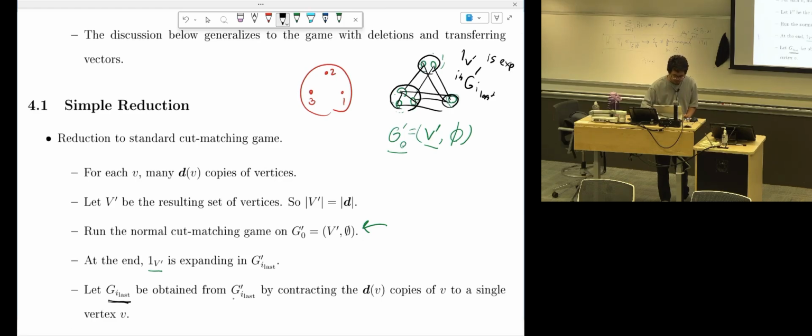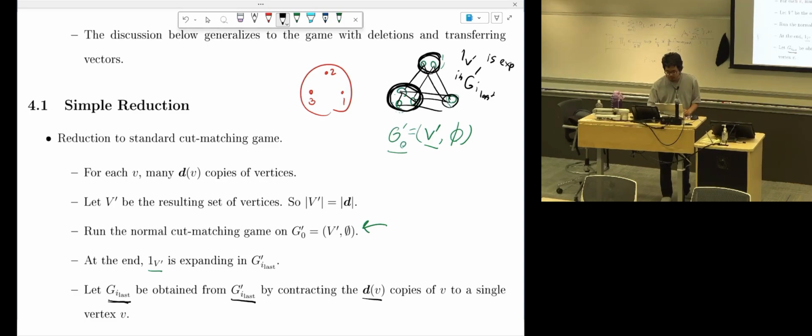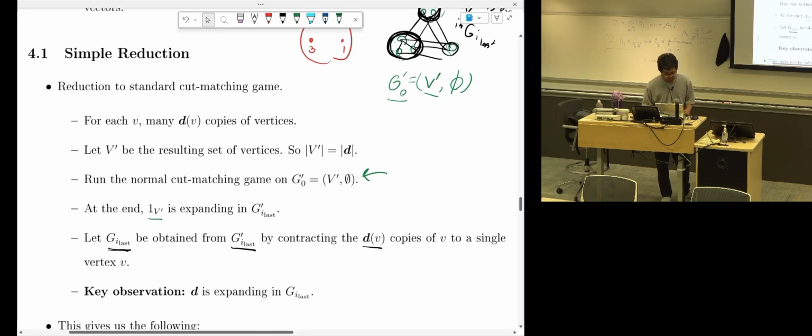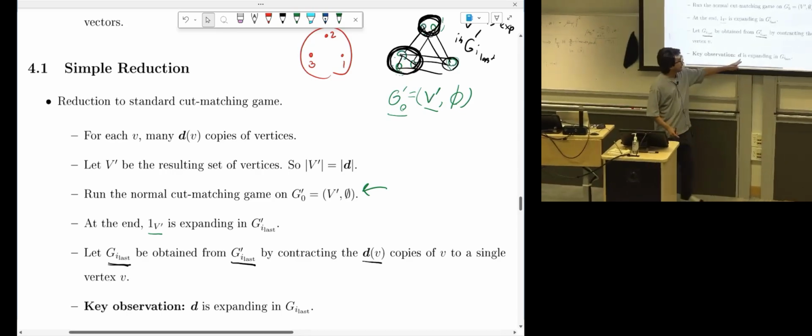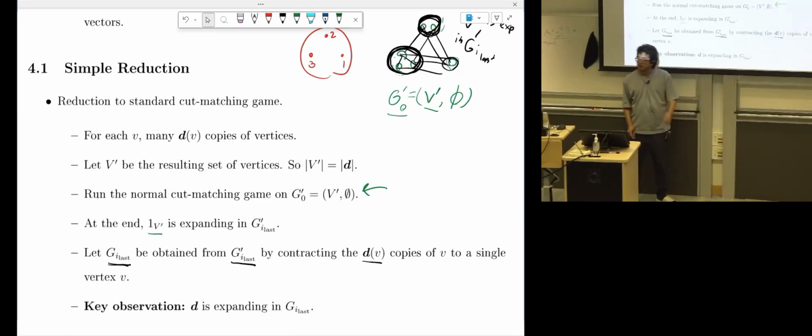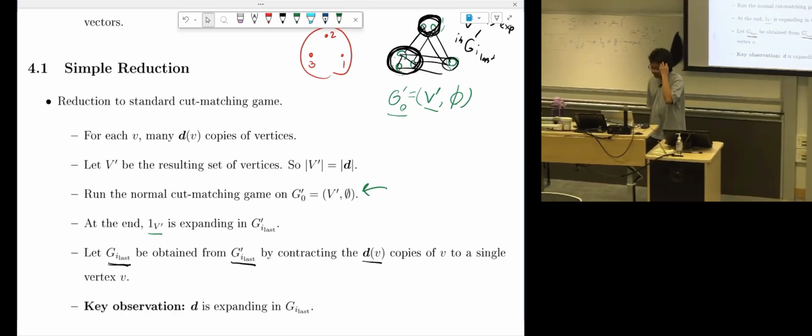Let G_I last be G prime I last where we contract the cluster of vertices back. The copies of v are now contracted to one node, the copies of this guy are now contracted to one node, and so on. So the key observation is that now D should be expanding in G_I last.